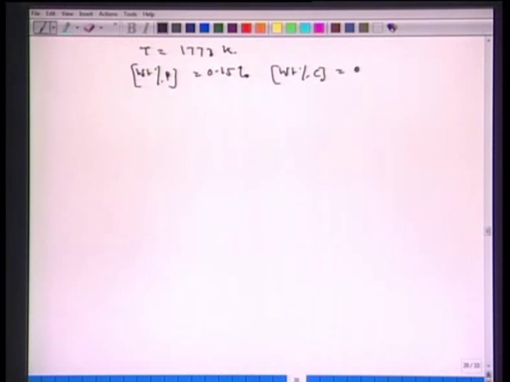Now, let us do some simple calculation. Say I take temperature equal to 1773 Kelvin, wet percent phosphorus, let us take 0.15%, wet percent carbon in metal, let me take 2%, Np2O5, let me take 0.1, then I can calculate the value of Kp, that is equal to 7.06 into 10 to the power minus 7.